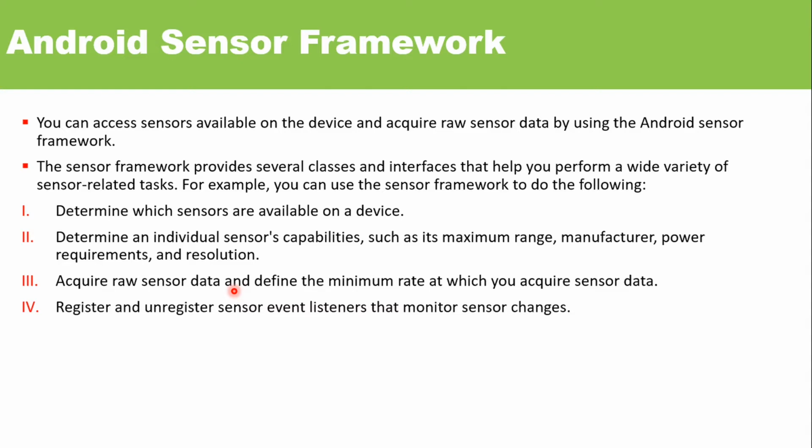This can also be done through the Android sensor framework. And lastly, we have the sensor event, right? We can register and unregister the sensor event listeners through our Android sensor framework. So these are some of the things that can be done via our Android sensor framework.